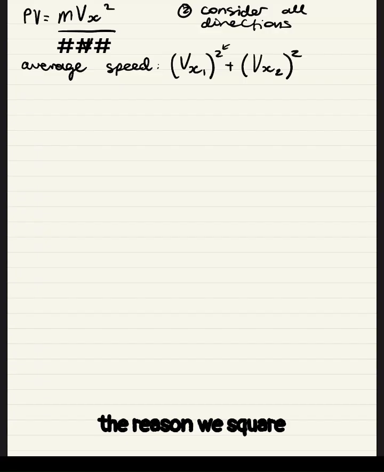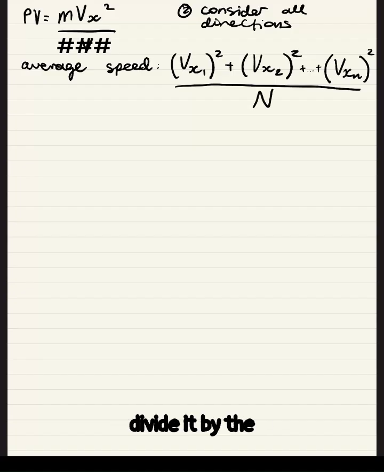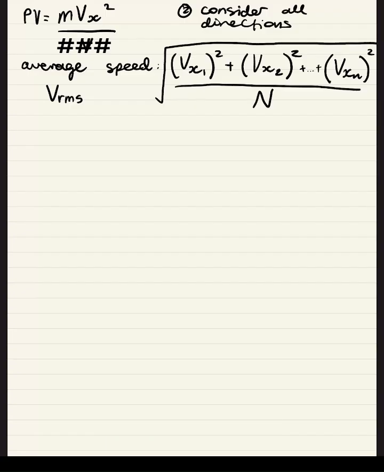And the reason we square it is so that we know that all of these numbers are positive. So then that's just like continuing until just n. So we find the total amount of speed in all of the molecules, and we divide it by the amount of molecules there are. And this is also square rooted.